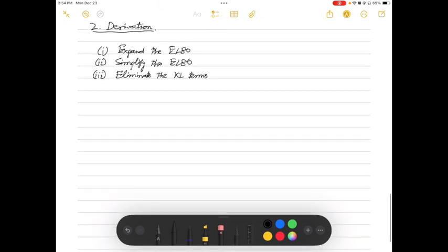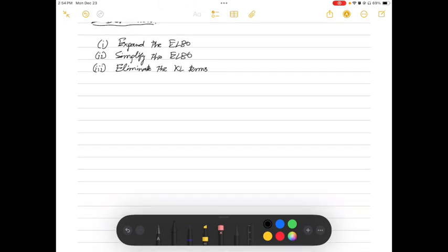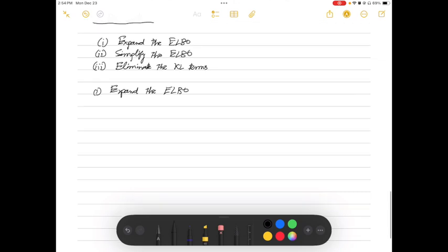Right, so let's start with the first step, which is to expand the ELBO. Our objective is to maximize the evidence lower bound, and that will help us fit the model. Let's say that we have one data sample x naught.